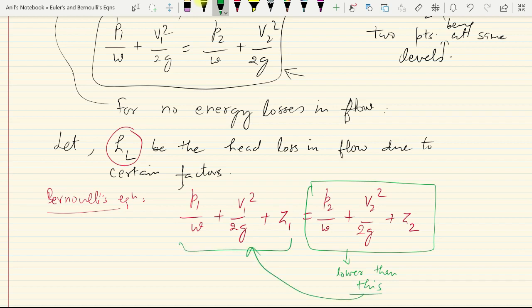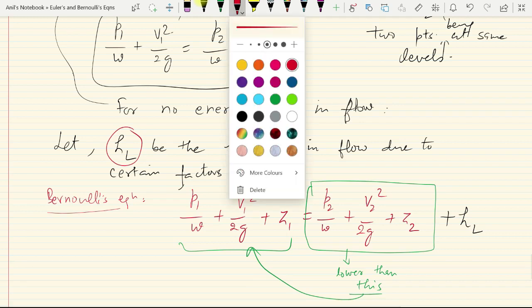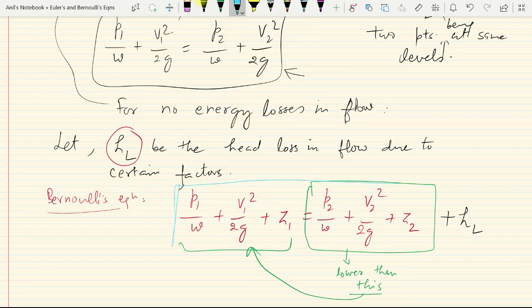So to compensate this inequality, we add here the loss. So we get this to be the equation for the case when head loss is there.